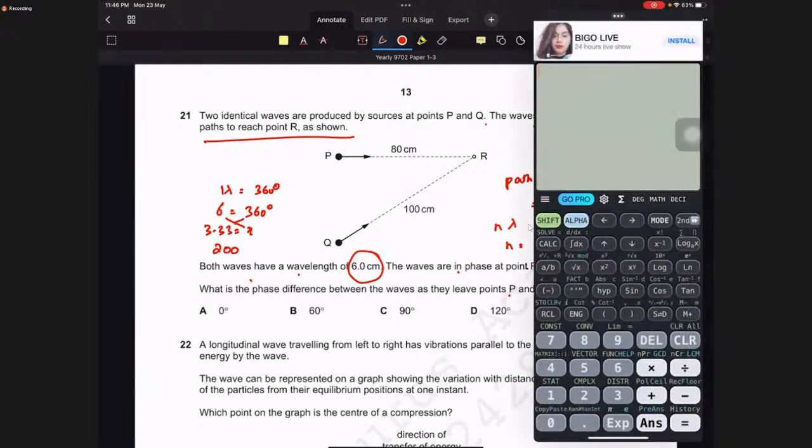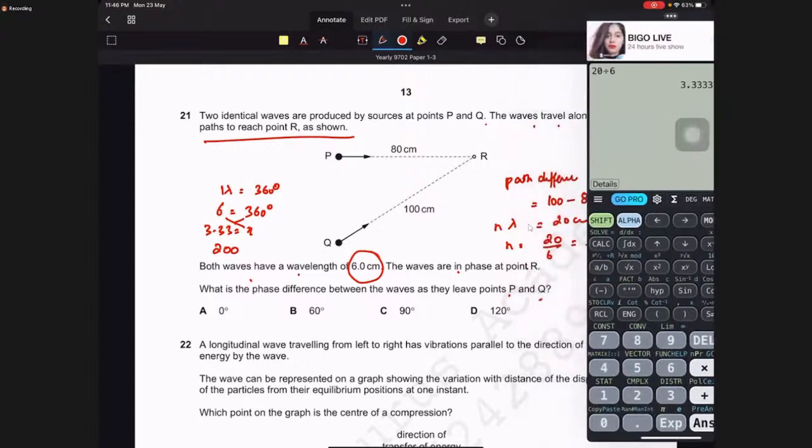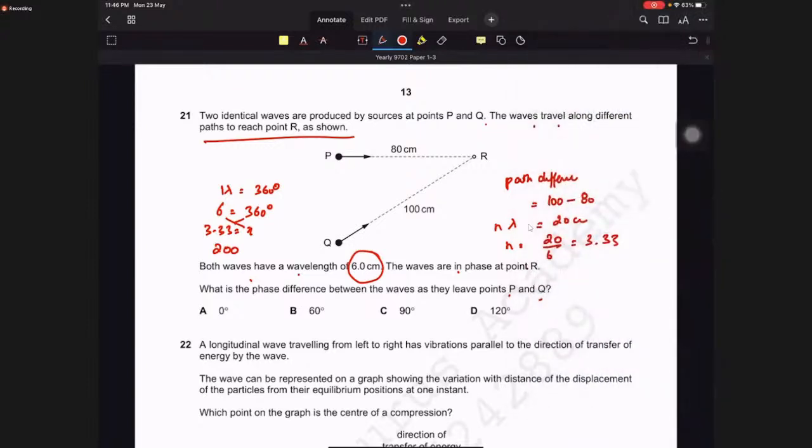So let me try again. 100 minus this is 20 divided by 6, which is definitely 3.33. And then we have the phase difference, but they must have said something else as well. The options are 0, 60, 90, and 120. Why not? Let me think about it.